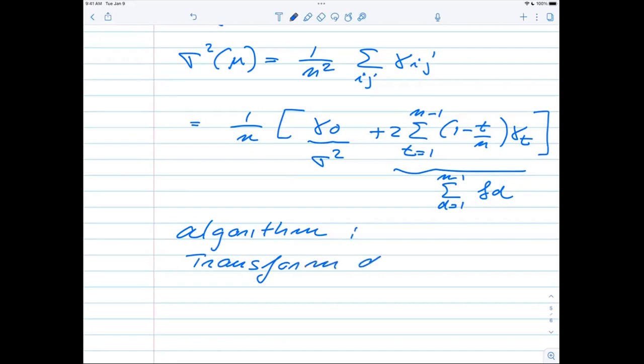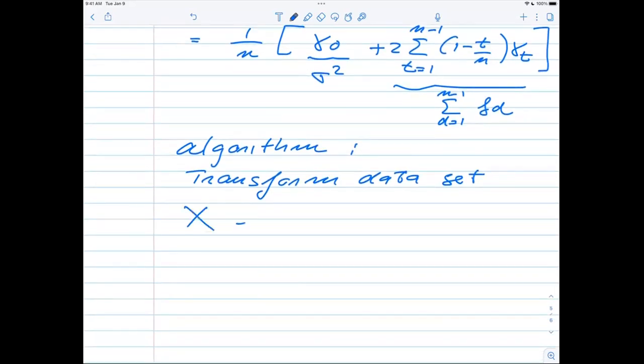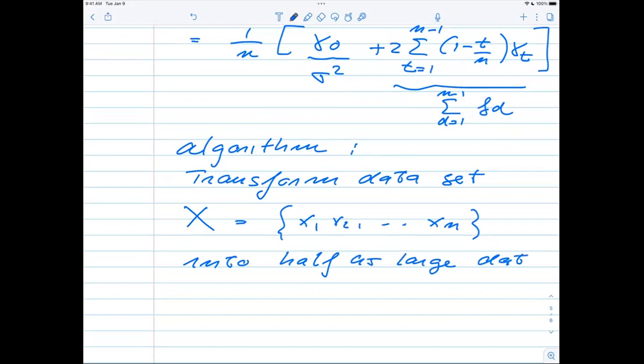So transform the data sets, which we have, X. So these are our observations, x1, x2, up to some x of n, into half as large data sets.